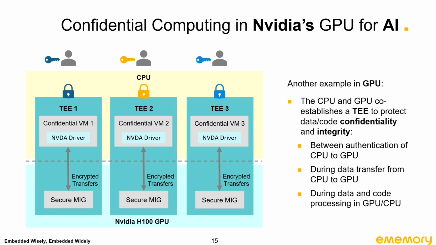As you can see in this view graph, during code and data transfers from CPU to GPU, multiple individual TEEs are created through the GPU's hardware root of trust, so that unauthorized entities are prevented from accessing the AI application data and code.